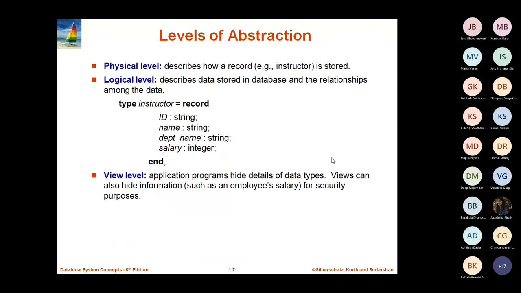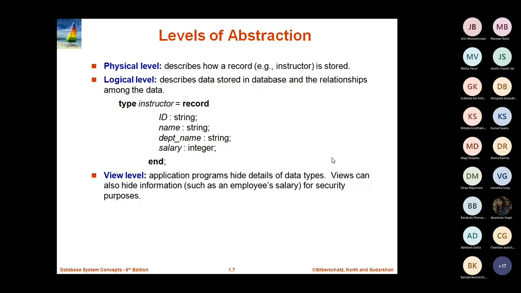Now, based on what I discussed so far, you can see that there are essentially three levels of abstraction for the data that is maintained in a database. The physical level: that is how a record, meaning some related information about a particular subject or object, like for an instructor, we want to keep the instructor ID, name, department, and so on, is actually stored.